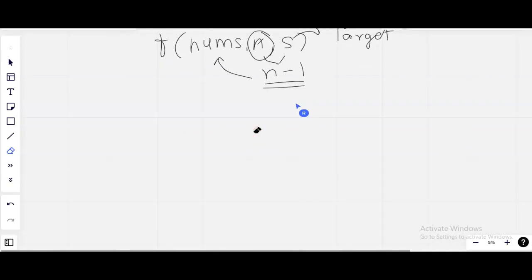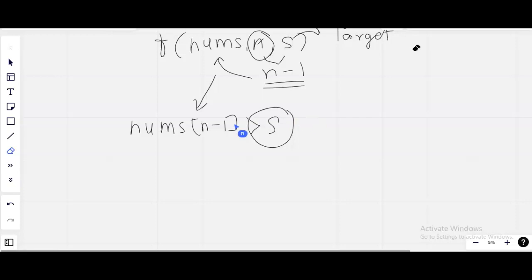So now what does this function say? If nums of n minus 1 is greater than s. Now what does that mean? It means our current element is greater than our target.